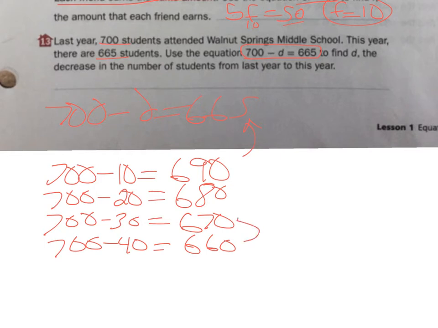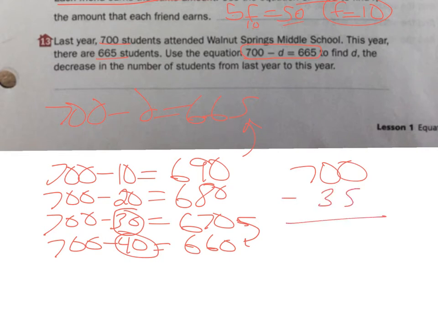Okay, so it's between these two right here. So it's between 30 students and 40 students. Now let's go right in the middle. So let's try 35. 700 minus 35. This will tell me if I need to go closer to this one or closer to this one.